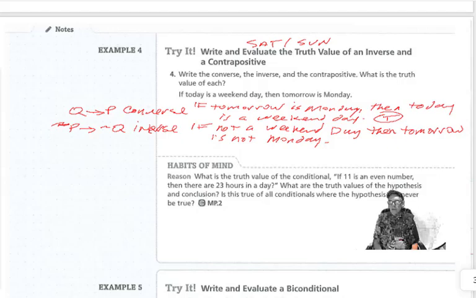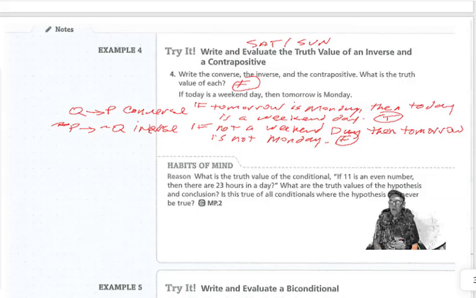So here's an example where this is a true statement. The original statement, the if P then Q one, was false, because we could think of a Saturday, and the next day would not necessarily be a Monday. But if it's not a weekend day, like a Friday or a Tuesday, then tomorrow can't be a Monday. The only way tomorrow can be a Monday is if we do have a weekend day. So that's going to be a false statement.